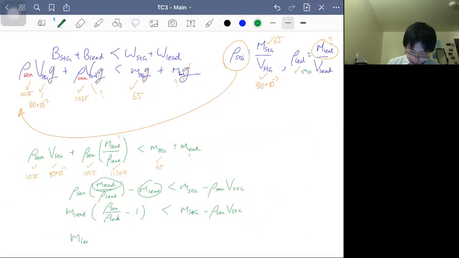Mass of lead to be, there you go. Okay, so everything on the right-hand side, you just plug in the numbers in orange that I've written up there.